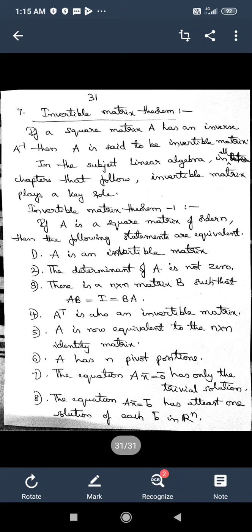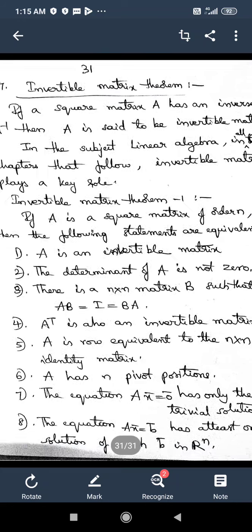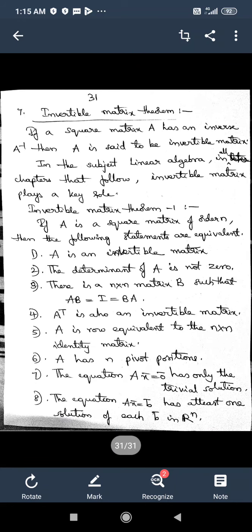In all the chapters that follow in linear algebra, we come across this invertible matrix, and it plays a key role in all the topics that we are going to learn.